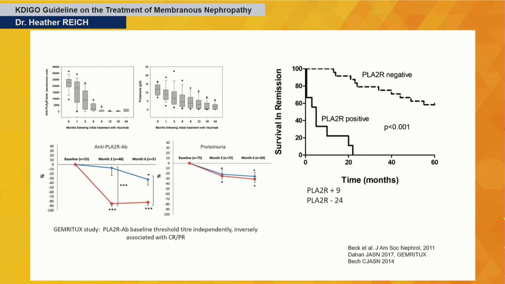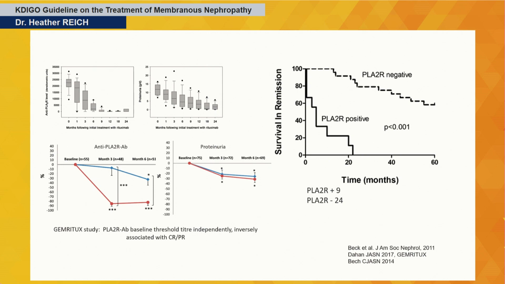In the bottom left, we can see in the GEMRITUX study, in red are patients who are treated with rituximab. Those patients had a rapid and more dramatic decline in anti-PLA2R antibody titer, detectable at month 3, compared to patients treated with conservative therapy alone.